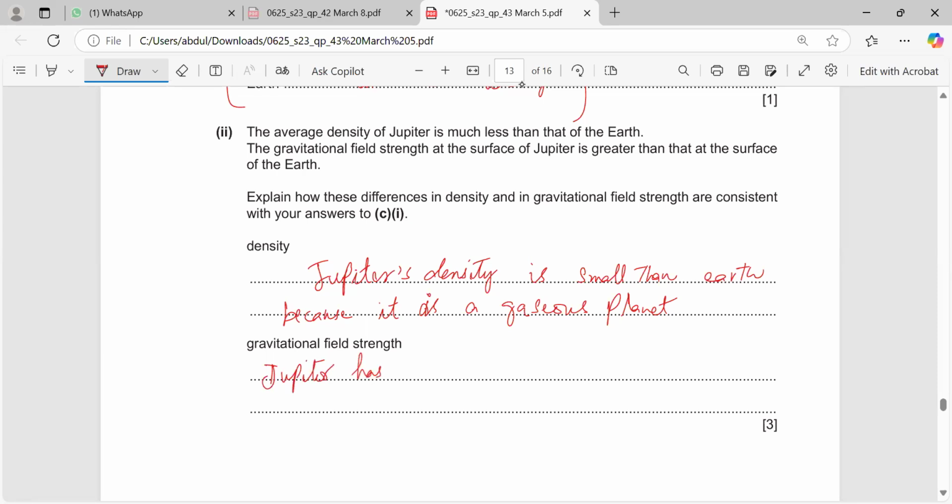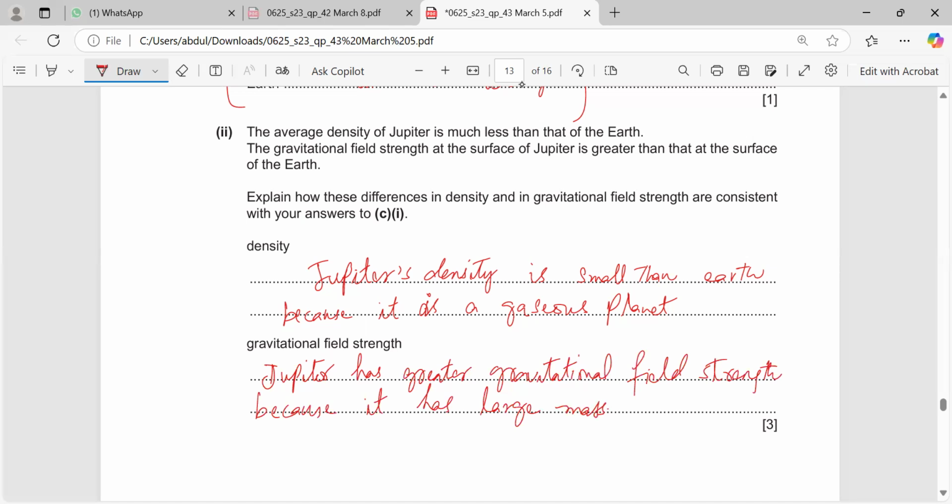Jupiter has greater gravitational field strength because it has large mass. Largest planet, it has a lot of mass.